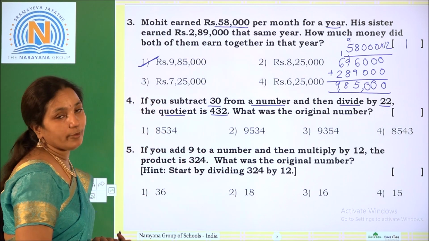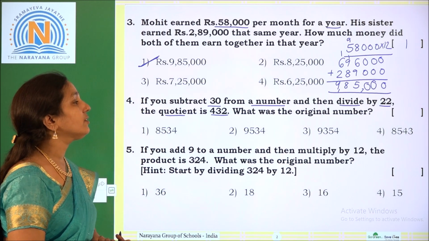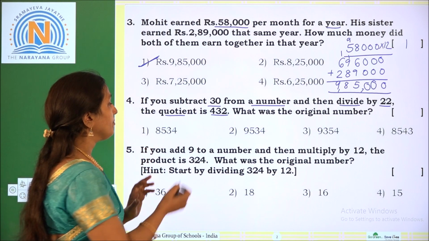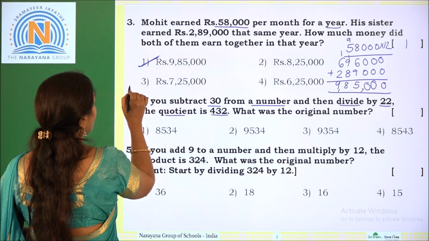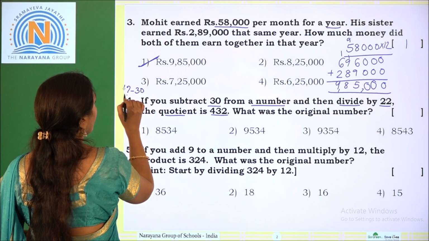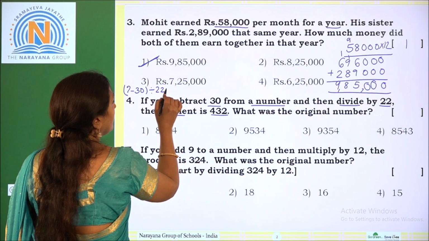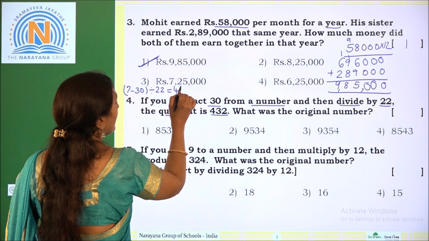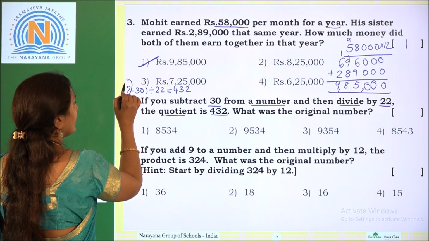You don't know the original number, so you have to find it. You are subtracting 30 from the unknown number, then dividing by 22, and you get 432. So we have to find this original number.